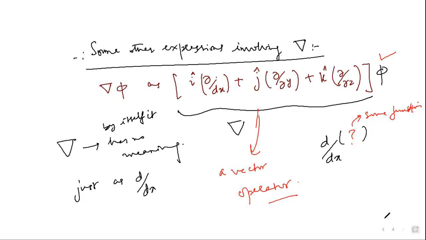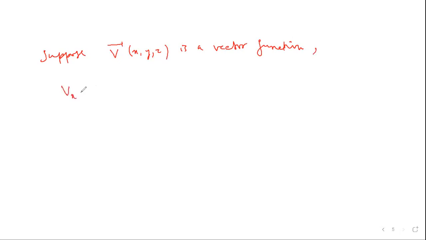Now suppose v of x, y, z is a vector function. That is, its three components vx, vy, and vz are functions of x, y, z.